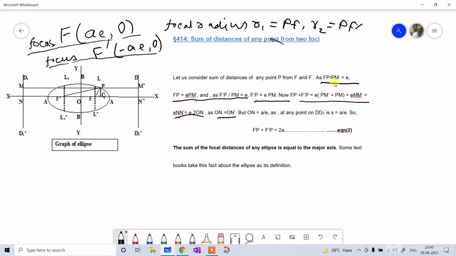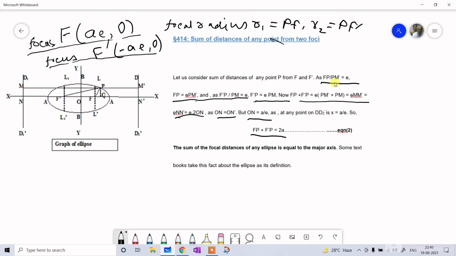It is the same as MM', and MM' is the same as NN', which is 2 ON, and ON is equal to a by e. So after a bit of simplification, we get FP plus F'P is equal to 2a. You can simplify whatever is written from here.